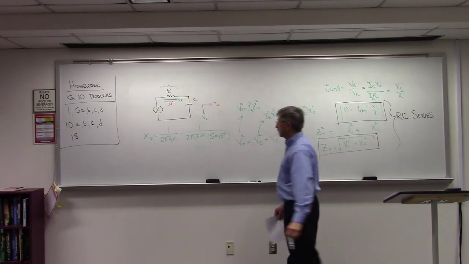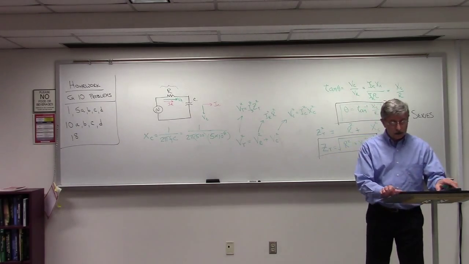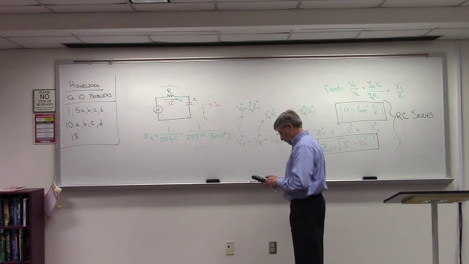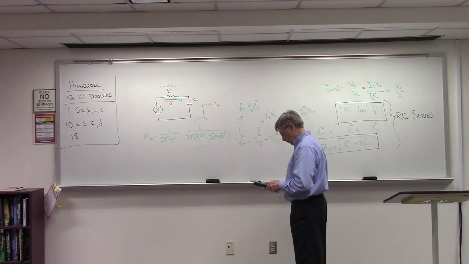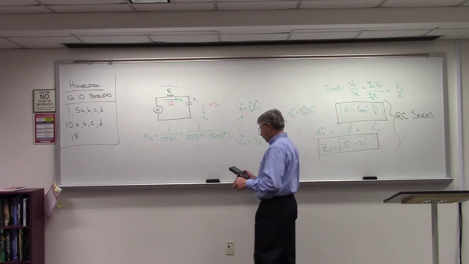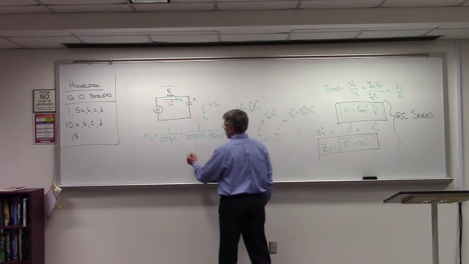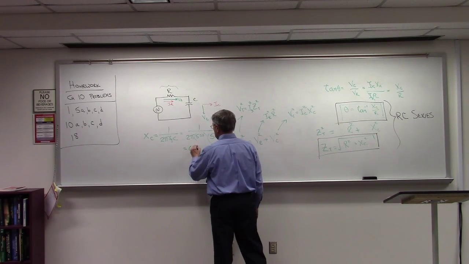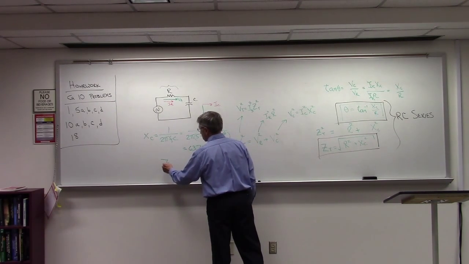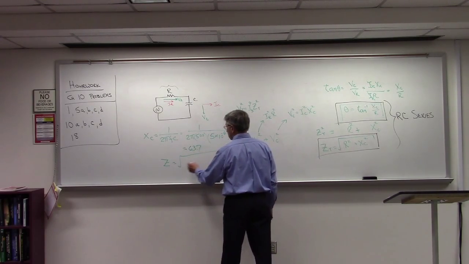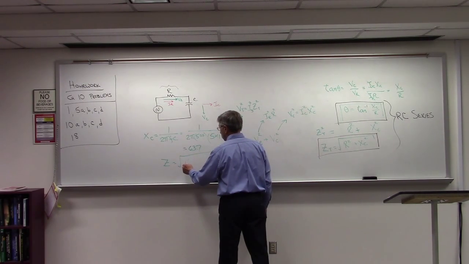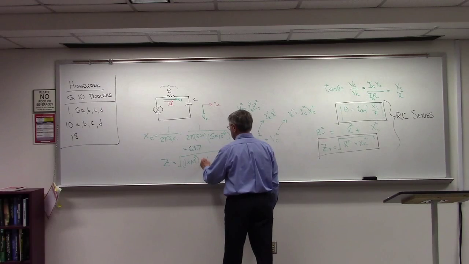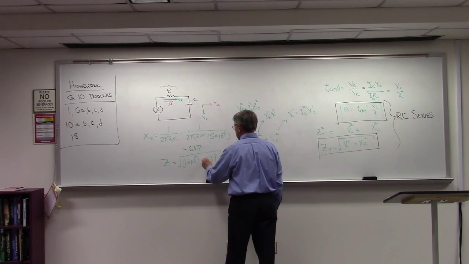So I have this, and that comes to 63.7 ohms. So when I calculate the total impedance, I now have my 1K resistor squared plus 63.7 squared.